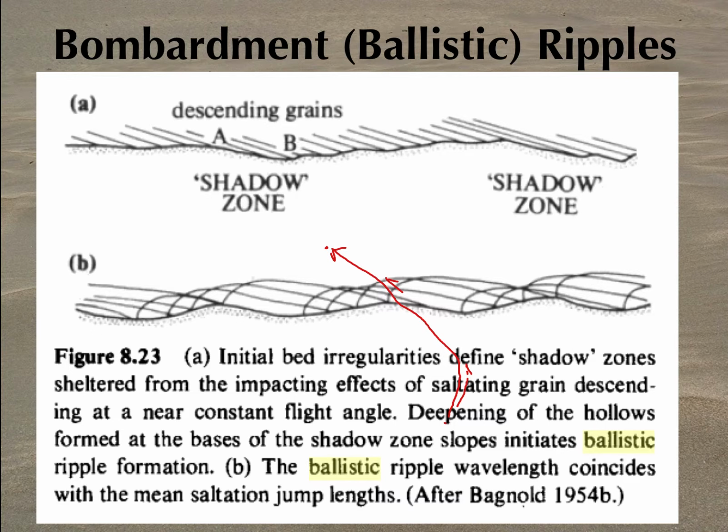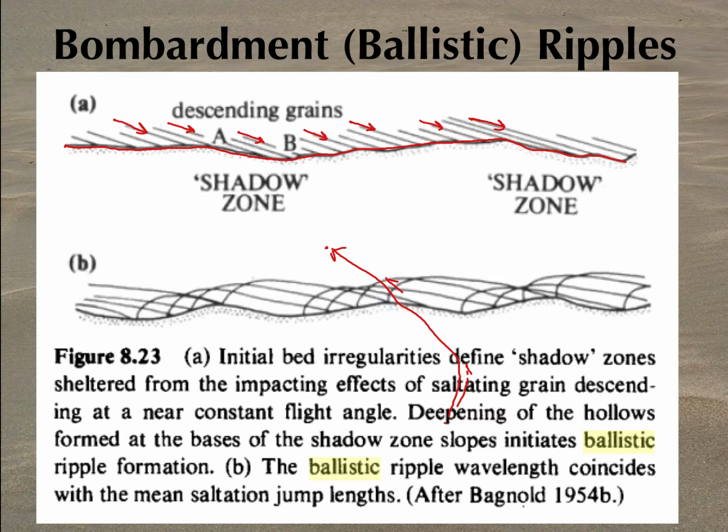So if you start with a bed that's slightly irregular like the one shown above here, and you imagine that there's a rain of grains impacting the bed at a low angle that are falling out of suspension. Basically, these are the downwind ends of saltation paths.